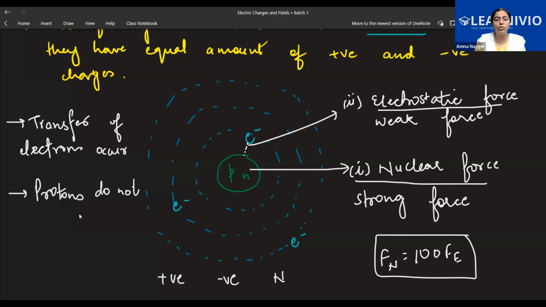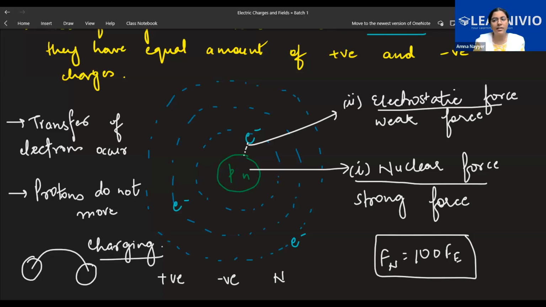And this process of transferring of electrons from one atom to another atom is called charging. We have methods of charging. Methods of charging mean methods of transferring electrons. So charging we will see in the later section. First, tell me, this part is clear?